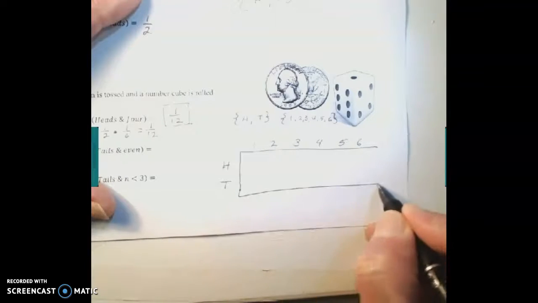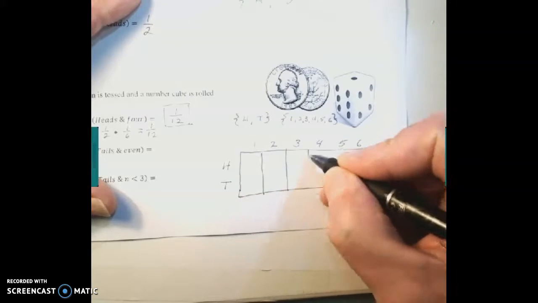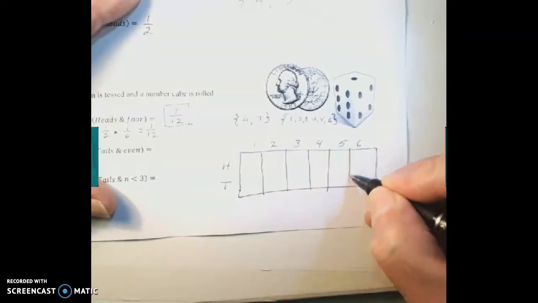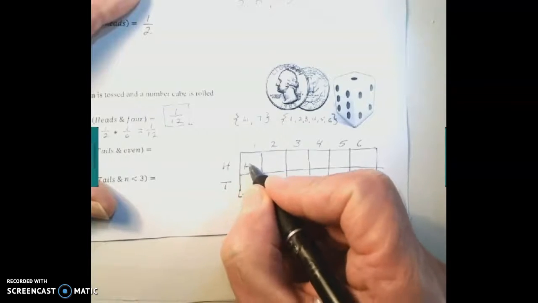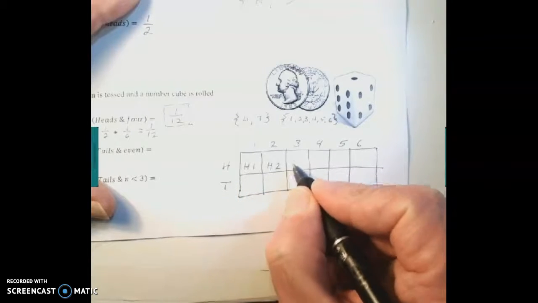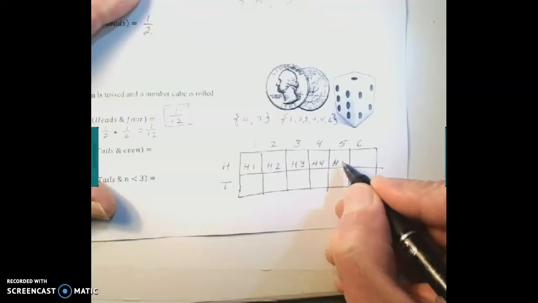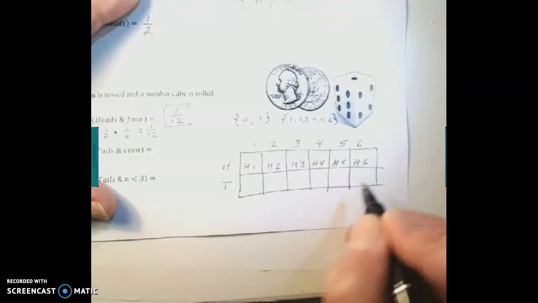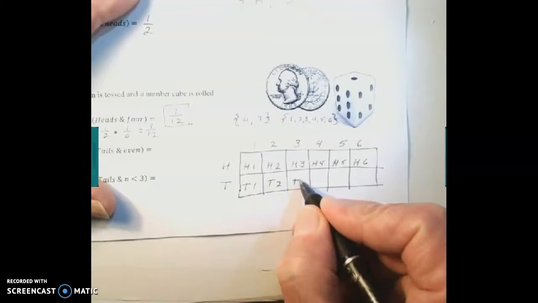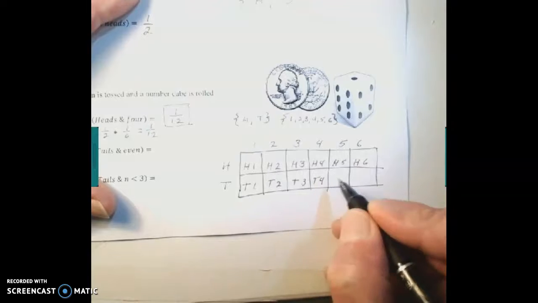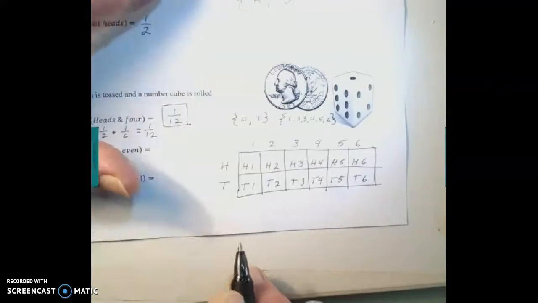Then, inside your rectangle or your box, list your possible outcomes, which would be heads in 1, heads in 2, heads in 3, heads in 4, heads in 5, heads in 6. Or you would get tails in 1, tails in 2, tails in 3, tails in 4, tails in 5, tails in 6.